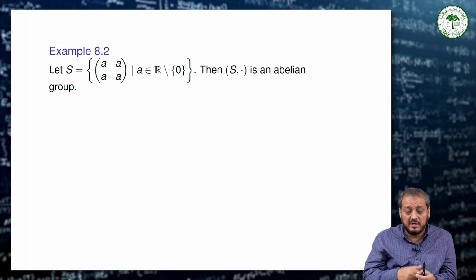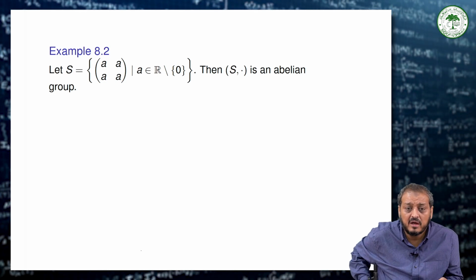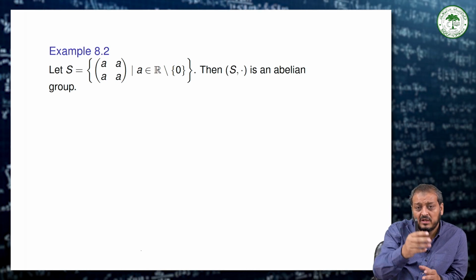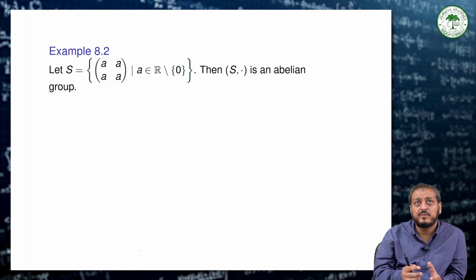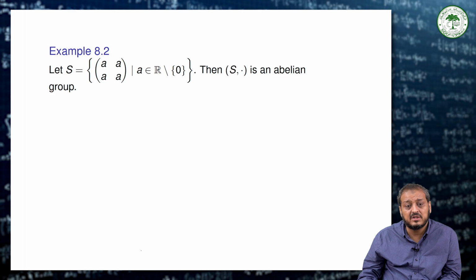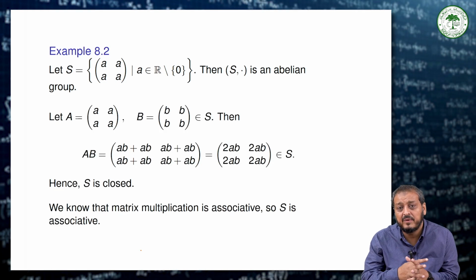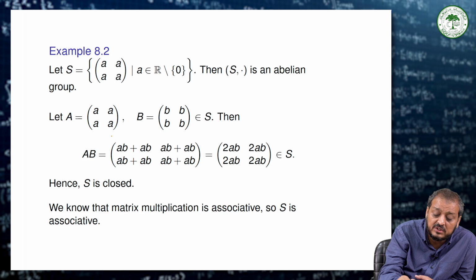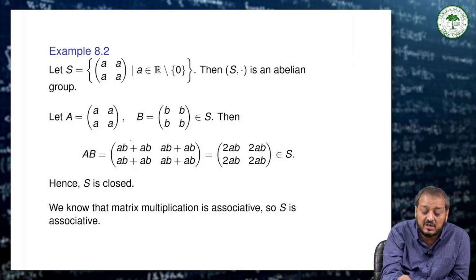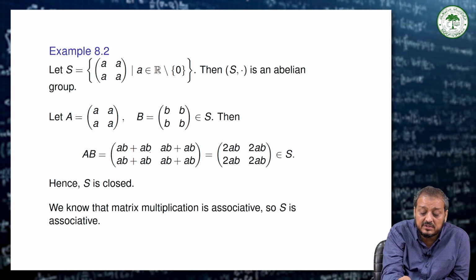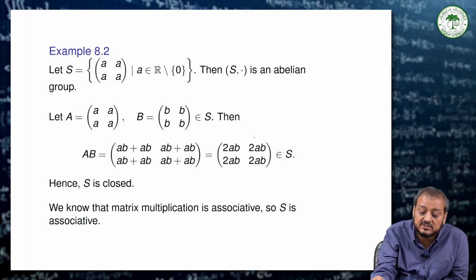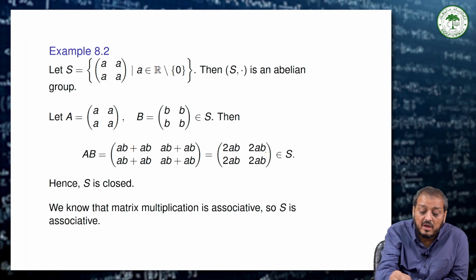So we try to solve this problem, and we have to show that this set under the binary operation of multiplication forms an abelian group. Let us start with the closure property. Let A and B be two elements of the set S. If we take the product, we get 2AB in each entry.